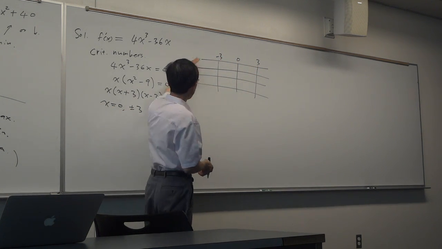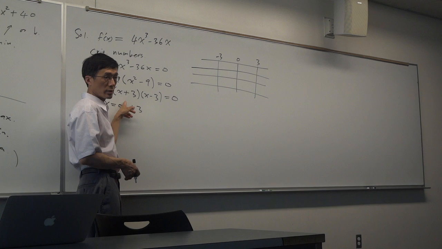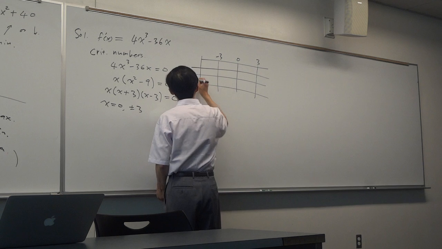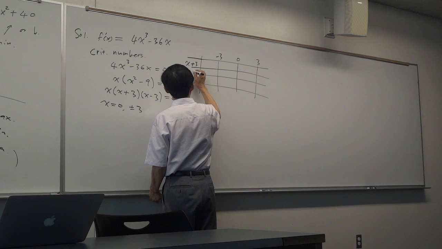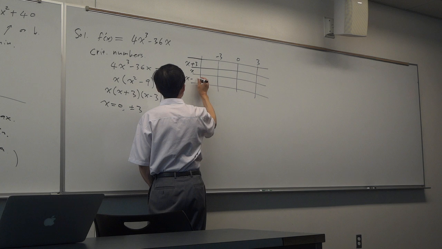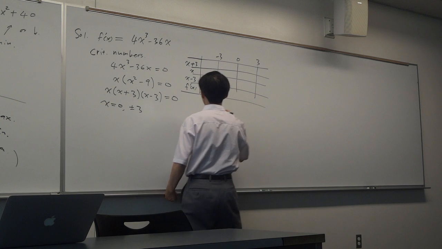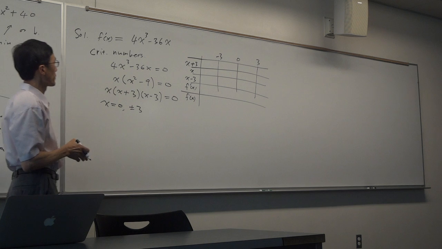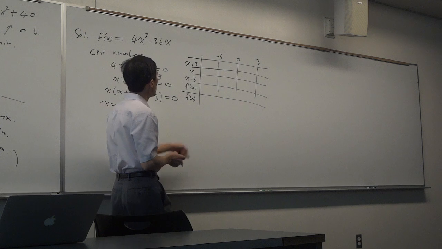And when you order the factors, you also order them according to the roots. In this case, negative 3 is the smallest one, so I put x plus 3 first. And then you put x, which corresponds to 0. 0 is the second one. And then x minus 3. And then you have f prime x, and also f(x). For each factor, you can put plus and minus signs.